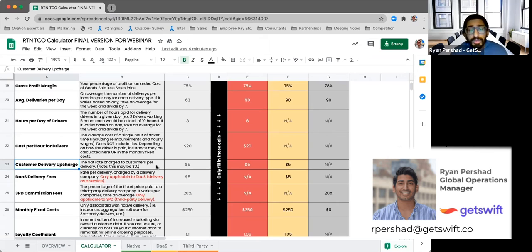It helps recoup some of the cost of going native or doing delivery as a service, where you're getting that order but then sending it out to a local courier for fulfillment.